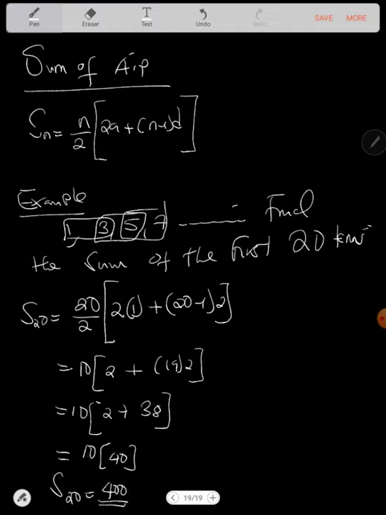So that's how we can find the sum. Any questions? Let's look at another part. How can you find the mean of an AP?